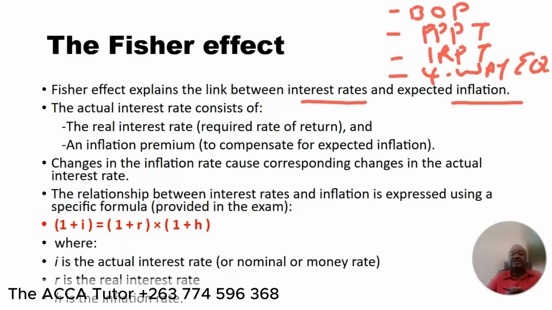So according to this theory, the actual interest rate, when we talk of actual, we are also referring to what is called the nominal or money rate. Right, the nominal or money rate. So this is the rate that includes the real interest rate.